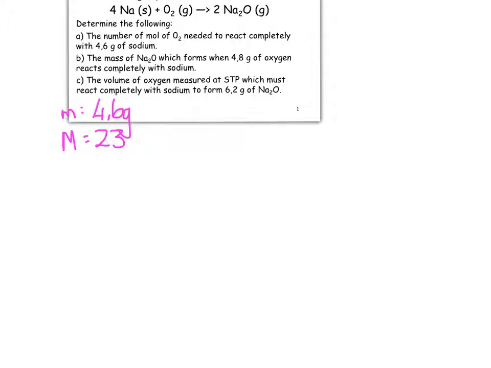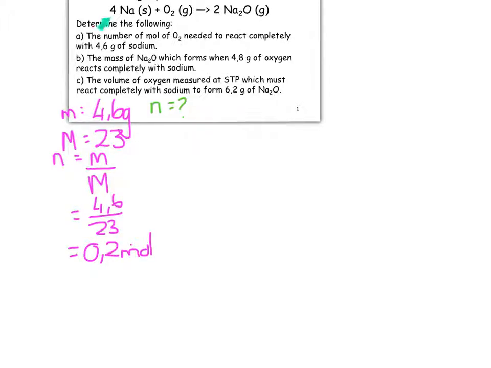The other information I'm being asked for is the number of moles of oxygen. So I'm first going to work out the number of moles of sodium because I've got enough information about that, and that is mass over molar mass, which is 4,6 divided by 23. And I land up with 0,2 moles.